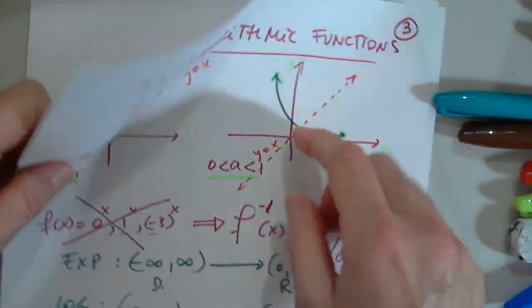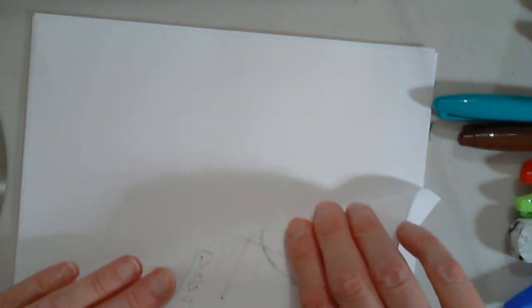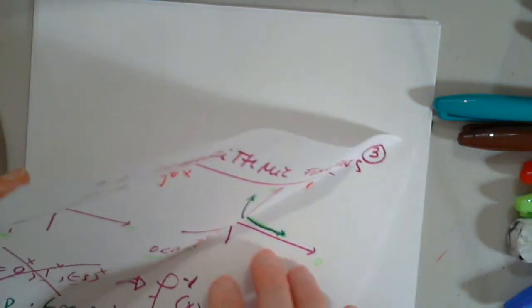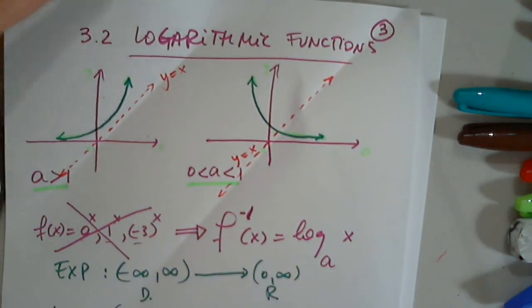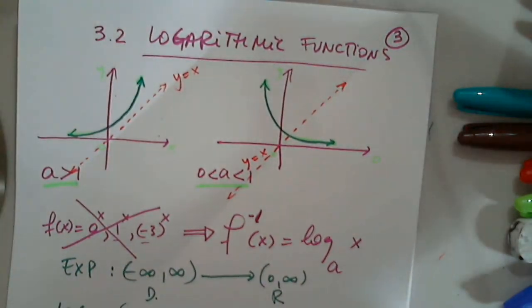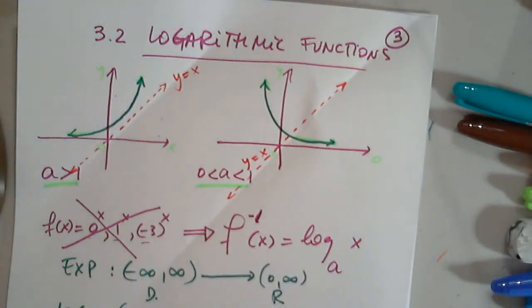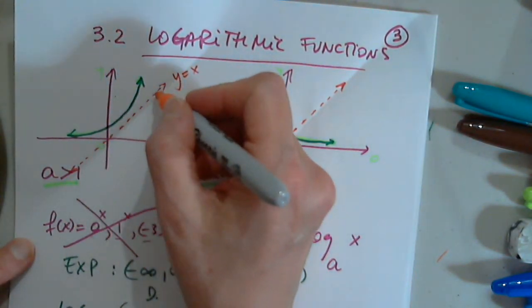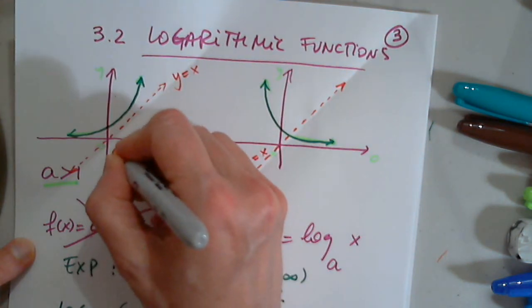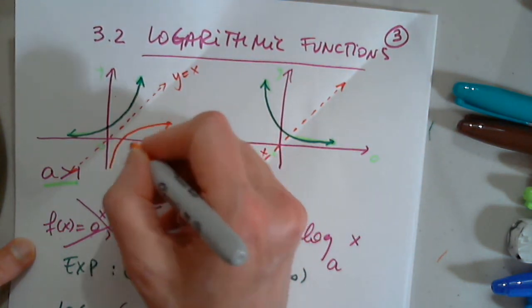What about here? If I do the same thing, this will be the graph of the log. They have to be symmetric with respect to y equals x. So here it is. Notice that this graph does not cross y equals x. Of course, the log will not cross y equals x.